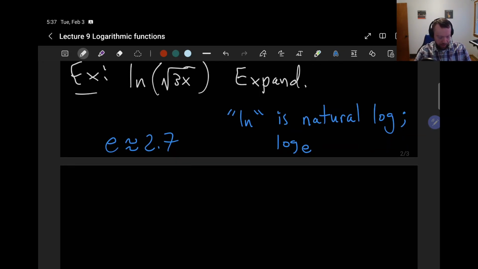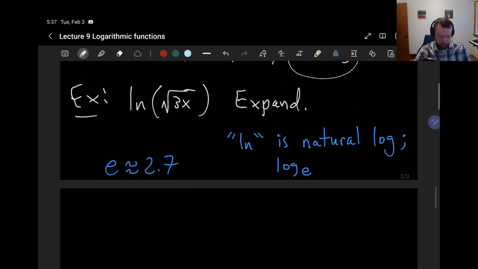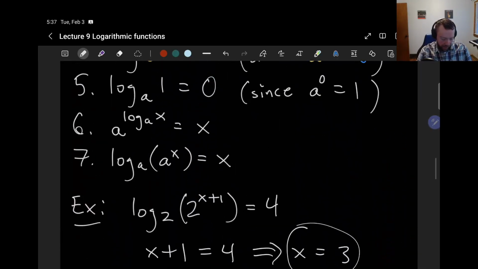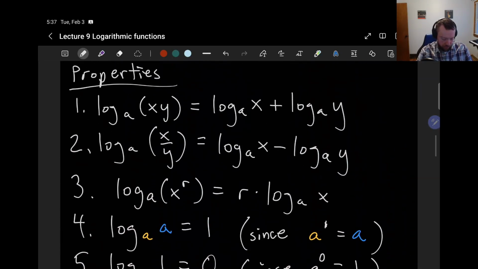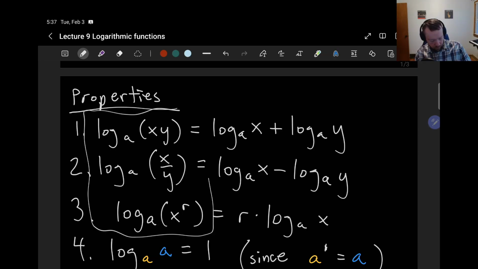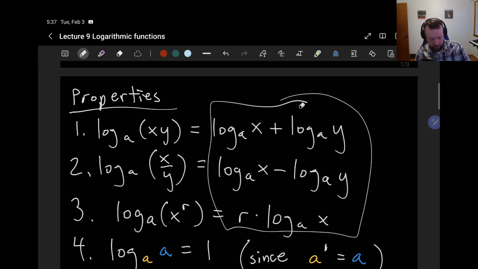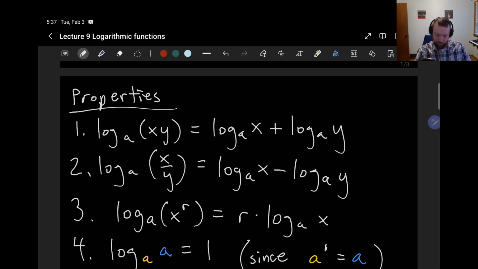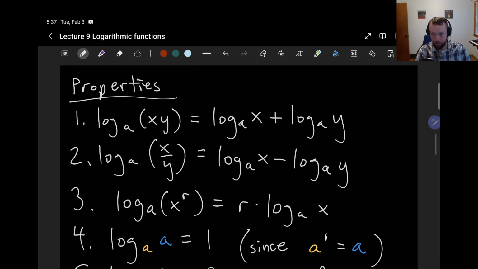So how do we expand this? Remember, we had a handful of relationships, these first three properties, which allow you to take these shorter logs and expand them out into larger expressions. So that's what we mean by expand.